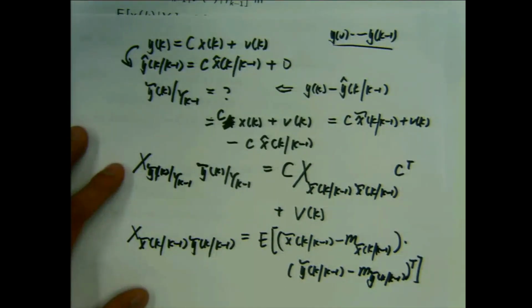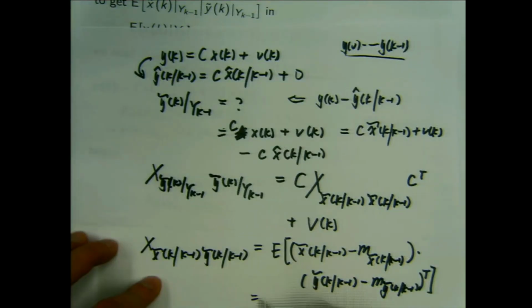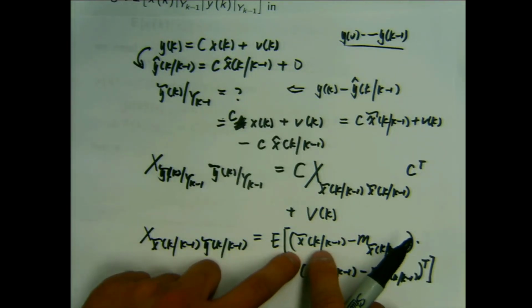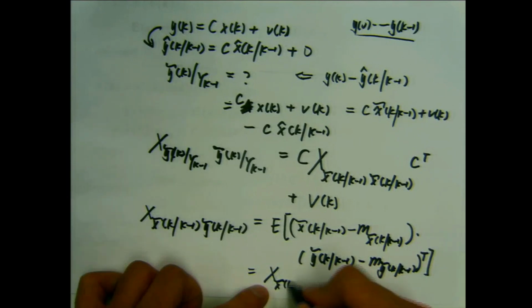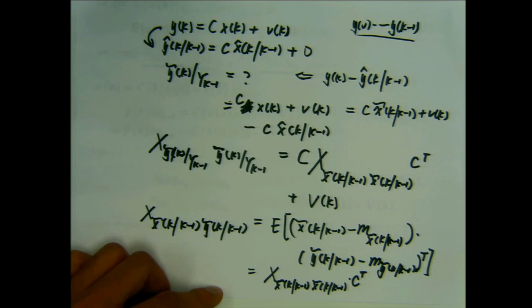Now, what is the result we're looking at? You see here, x is on the left-hand side. So it's going to be x tilde k minus 1, x tilde k minus 1, C transpose. Then anything else? Because v is uncorrelated with x, there's no more term.